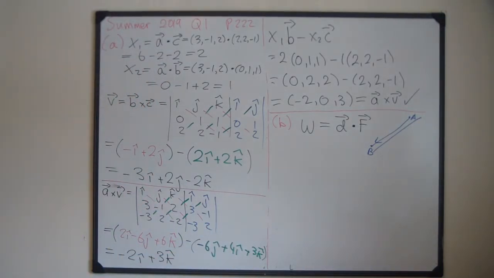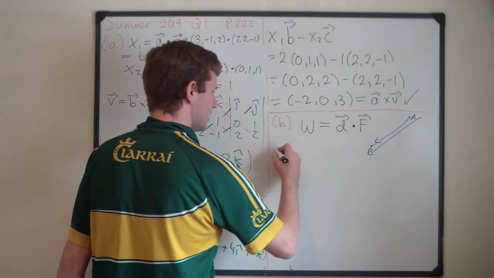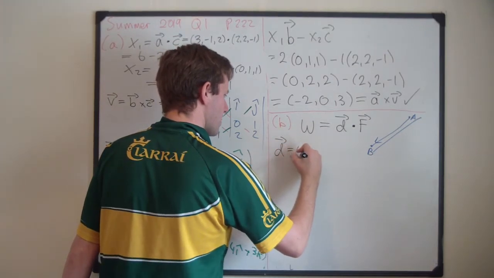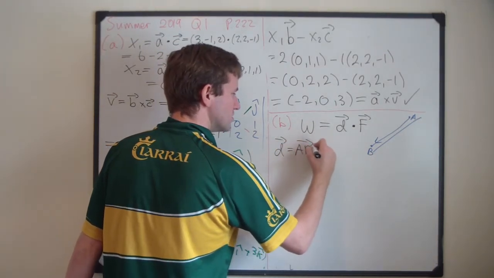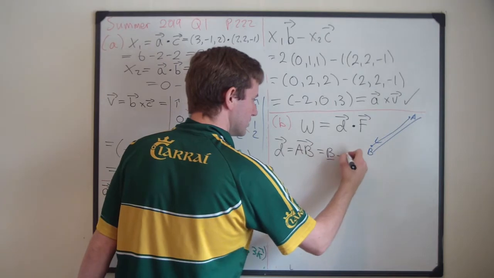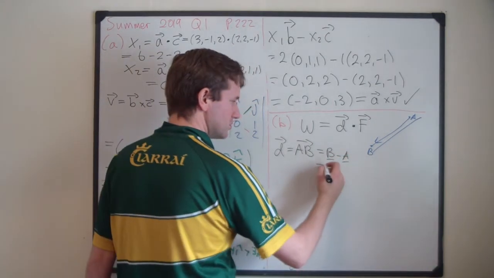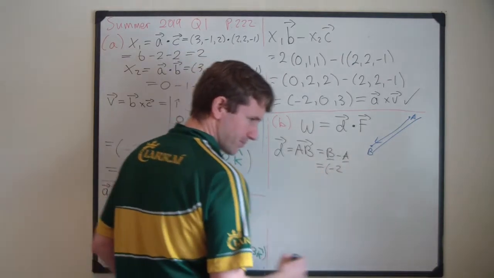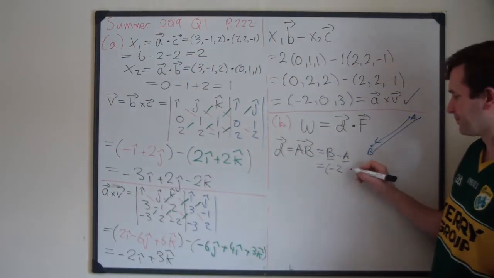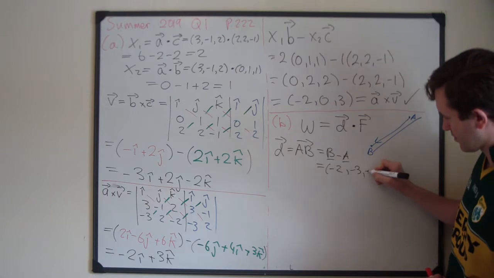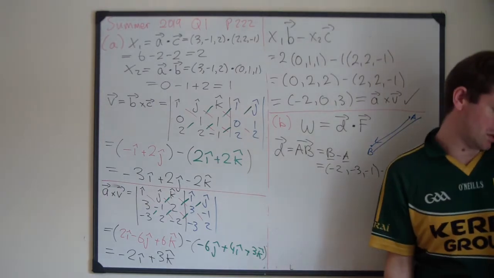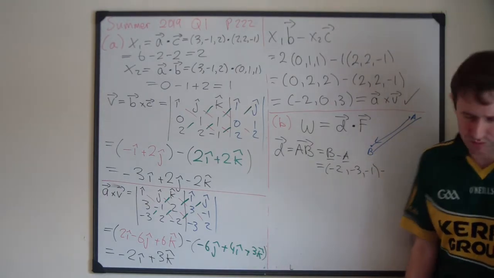We just have to find the displacement from A to B, which is nothing other than point B minus point A. The coordinates of B are in the question, -2, -3, -1. Take away A, which is 1, 1, 2.